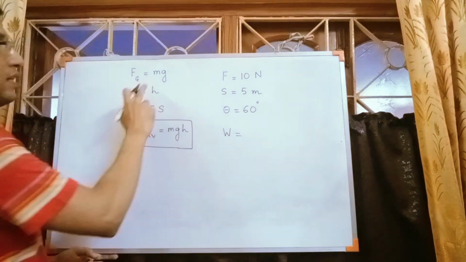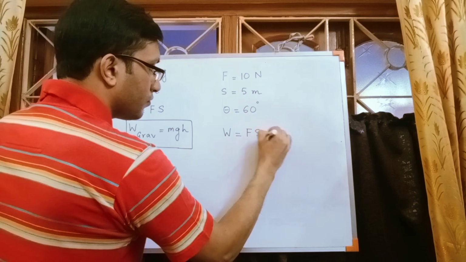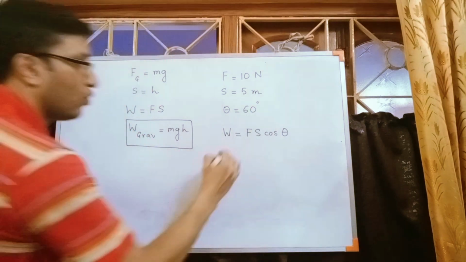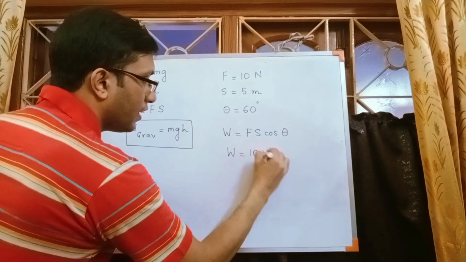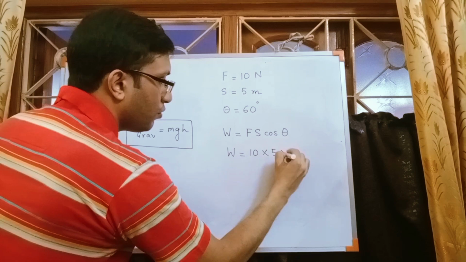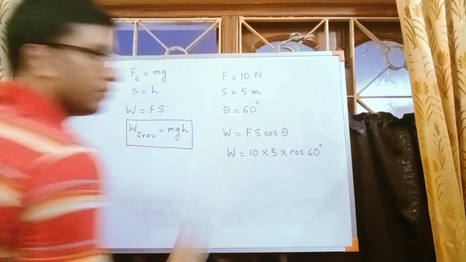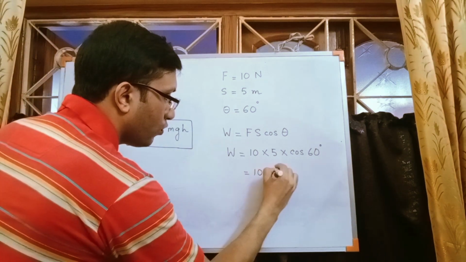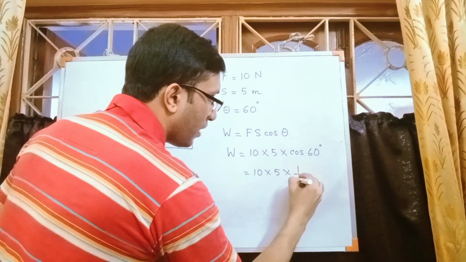So we will be applying this formula, Fs cos theta. So work done will be F is 10, displacement is 5 into cos 60 degree, right? So that is 10 into 5, and we know the value of cos 60 is 1 by 2.